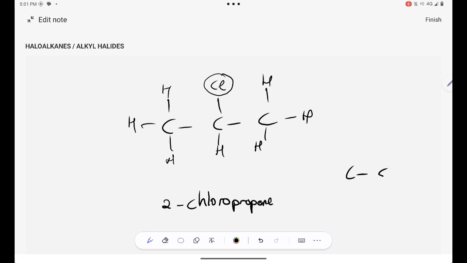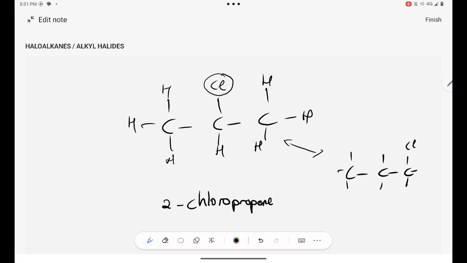What if we have something like this, whereby now our chlorine was at the terminal carbon? Do you agree that these two compounds are not the same structurally? Yes, they have the same molecular formula, but they are not the same structurally. So it's very important to write down the address of your halogen.